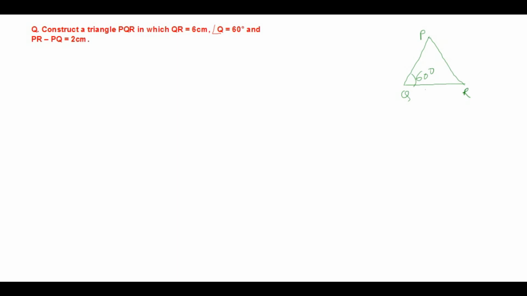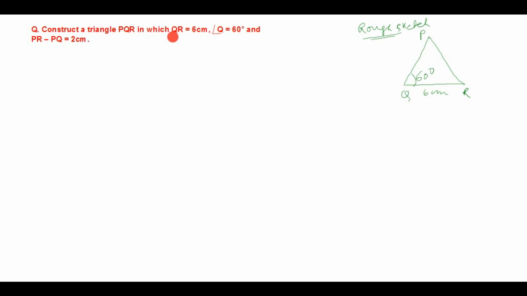This is called a rough sketch. Whenever you go to draw a real construction, first you draw a rough sketch. That rough sketch will give you the steps on how to proceed.